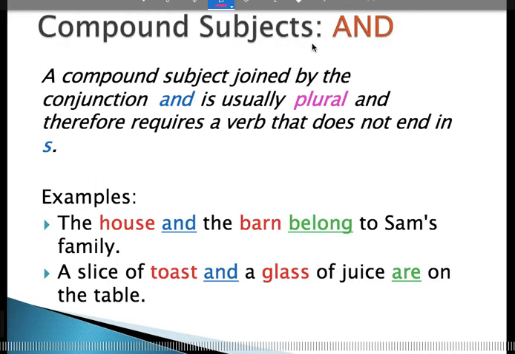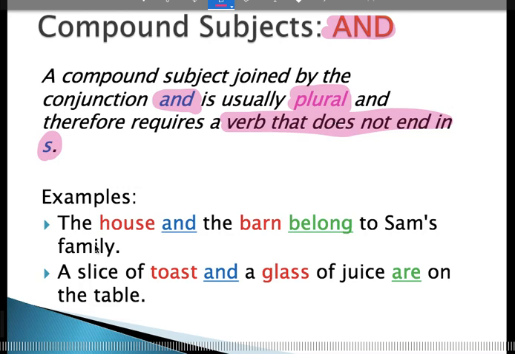So the first rule is about the word and. A compound subject joined by the conjunction and is usually plural. That means it needs a plural verb, a verb that does not end in S. If we have 2 subjects joined by and, it's a compound subject and we consider it plural because we're talking about multiple things.